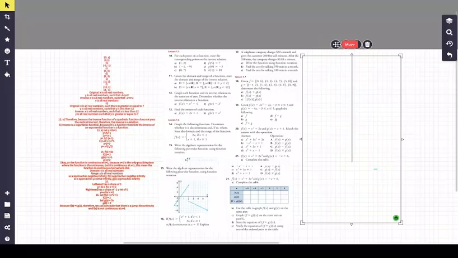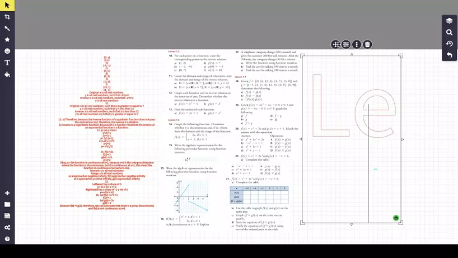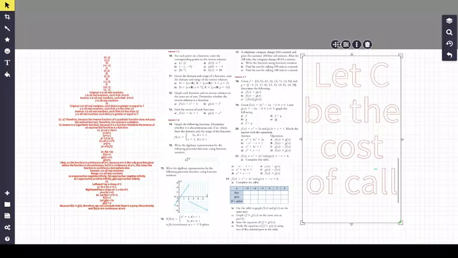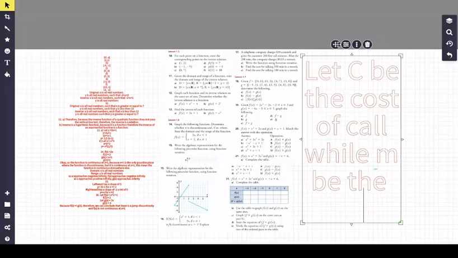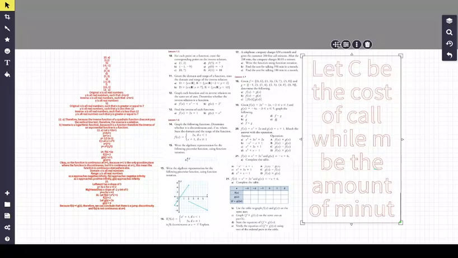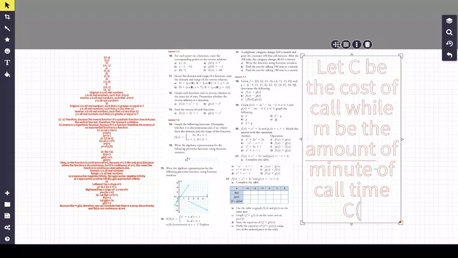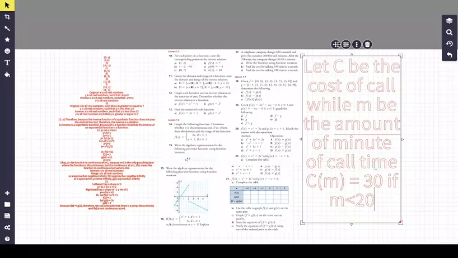So let's define the two functions that we need. So let's see. Let C be the cost of call, while M be the amount of minutes of call time. And then C of M will equal 30 if M is less than 200.